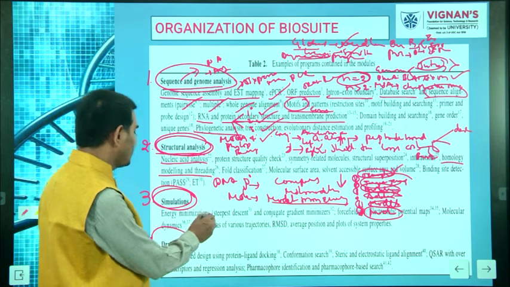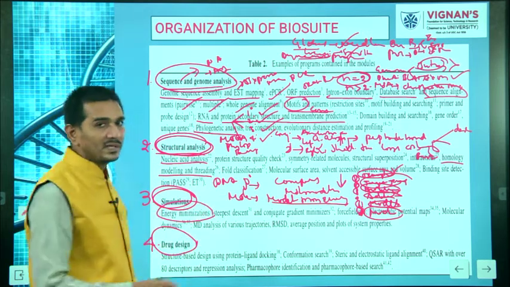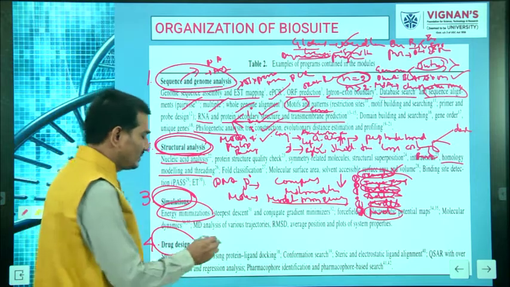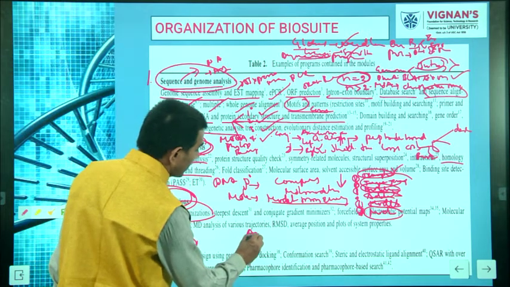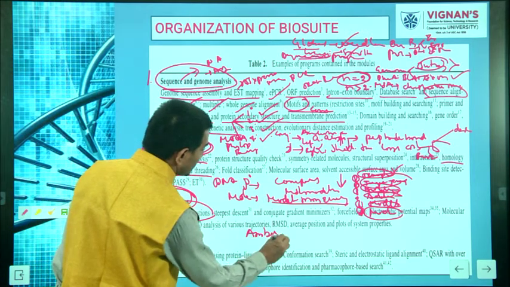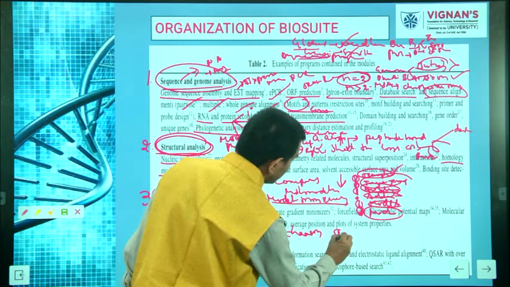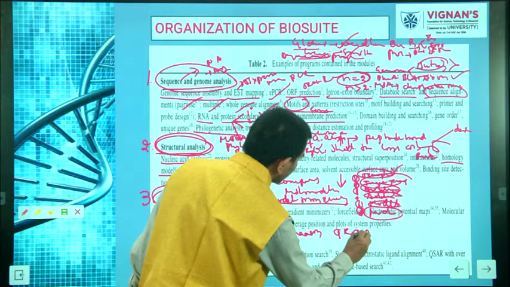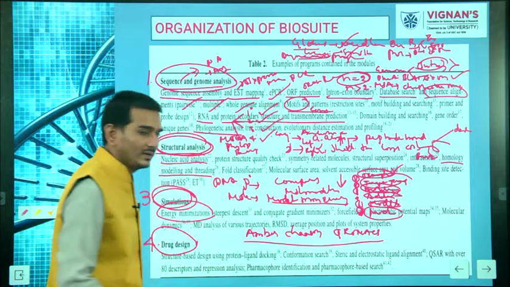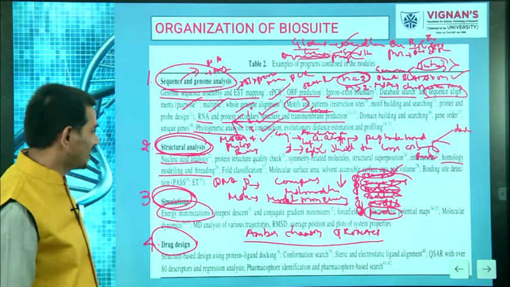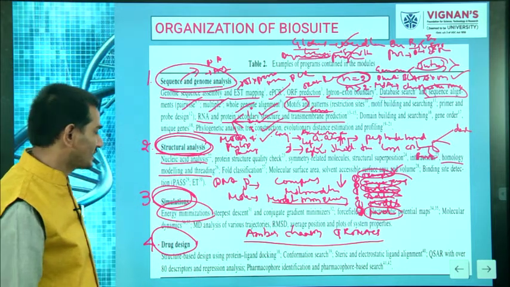And we do have energy minimization tools in the field of bioinformatics, which mainly include AMBER, CHARMM and GROMACS. These are the computational tools used for carrying out energy minimization.